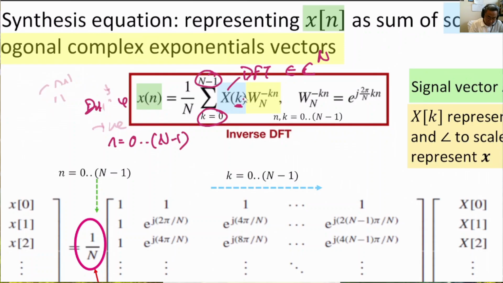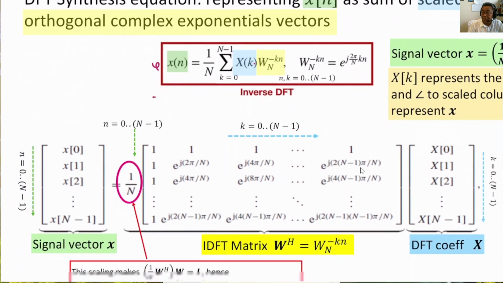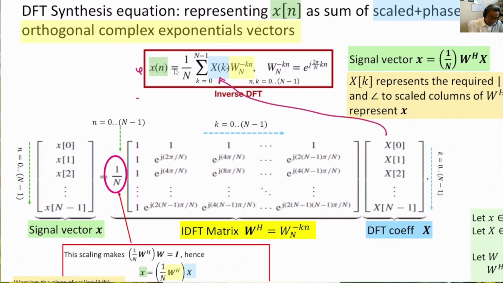Now, what about the W's? Later on, you'll see that the W is a matrix. So this big thing is the W matrix. This vector here is X_k from k equals 0 to n minus 1. So capital X_0, X_1 until X_(n-1). What about x_n? So this is small x_0, small x_1 until small x_(n-1).